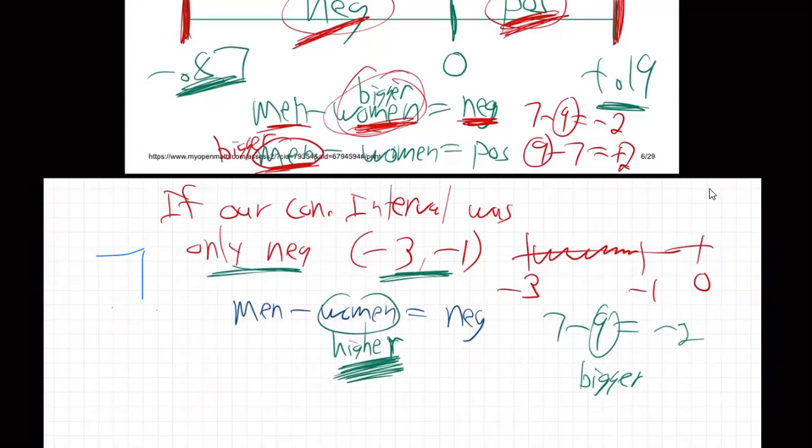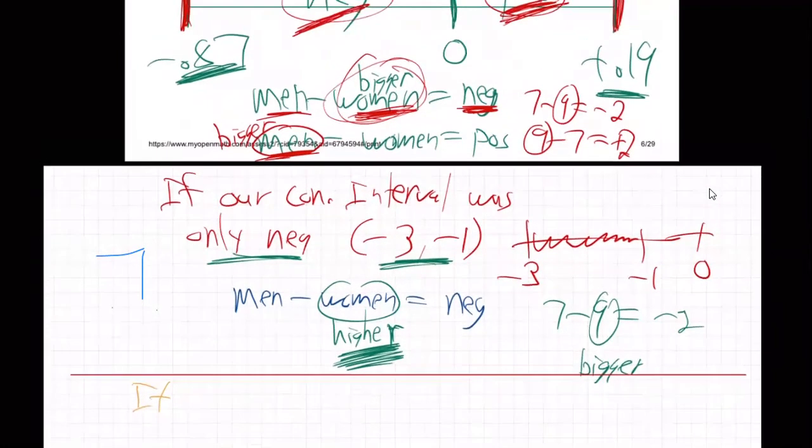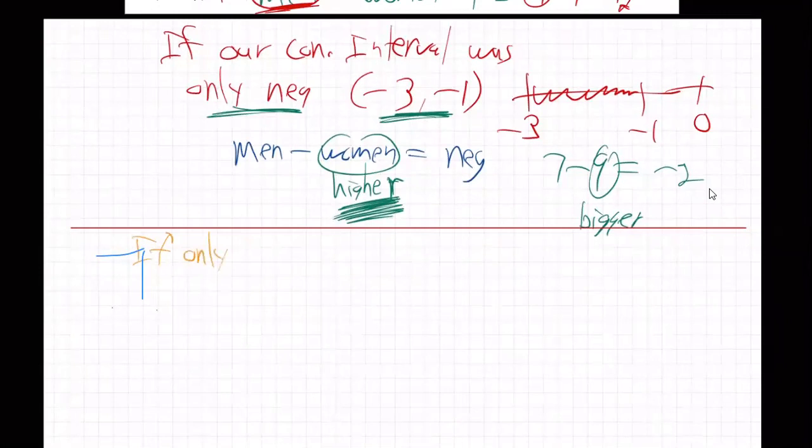Or, let me give you another what if. What if we had a confidence interval that came out only positive, like +2 to +6 or whatever? Think about what that would mean in the real world.